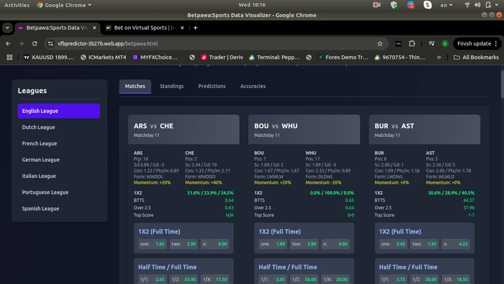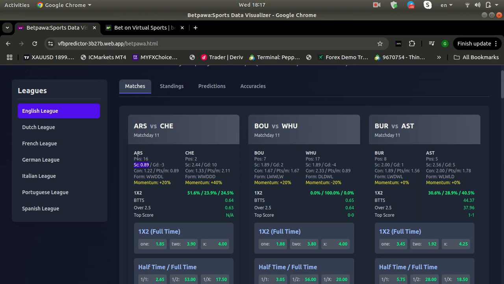So as you can see here, this team has a very low score, while this has a high score. So it's more likely that Chelsea is going to score against Arsenal, right?